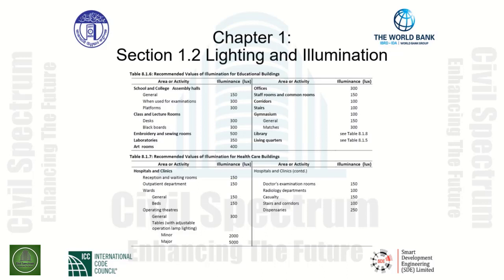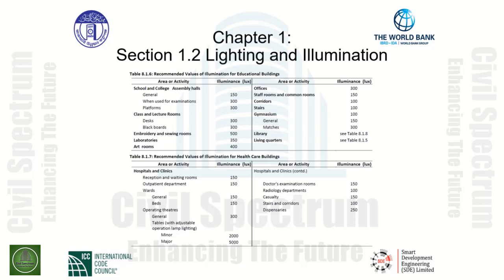Table 8.1.6, titled Recommended Values of Illuminance for Educational Buildings. The area or activity is indicated in the first column, as was the previous table, with the second column giving us the illuminance in lux. The category school and college assembly halls contains general areas when used for examination areas and platforms with the associated lux value for illumination.